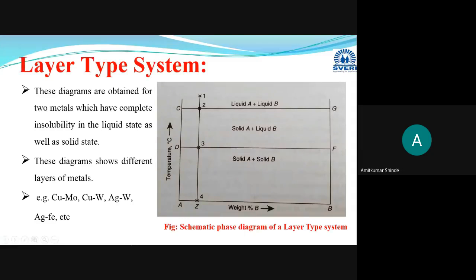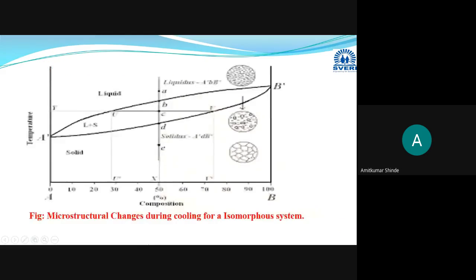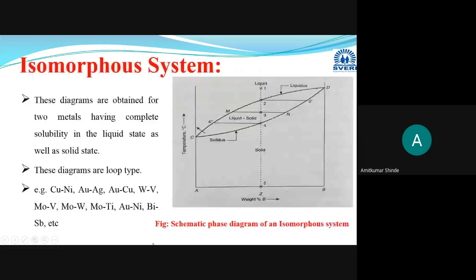These are practical examples which are available in your practical life. For the isomorphous system, we considered one example, gold and silver, gold and copper. In your gold ornament there may be some amount of silver and copper, but it is not visible in the solid state, as these are completely soluble in each other, and the amount of gold is more, so you will see only gold in that ornament.